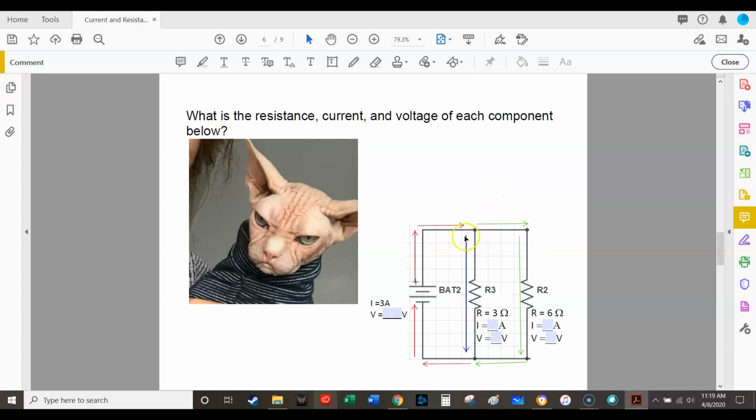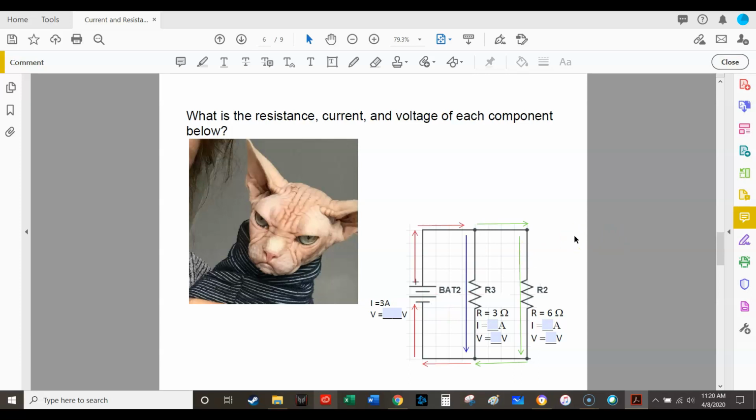So red current comes in, green leaves, blue leaves. That means red is equal to blue plus green. And when blue comes down to this lower junction, it's going to combine with green to make red again.